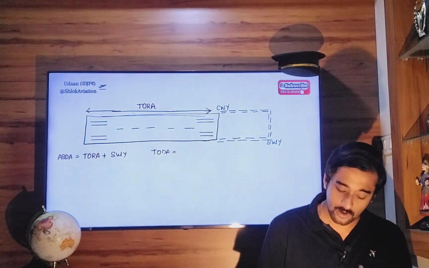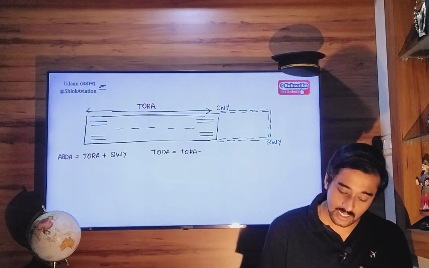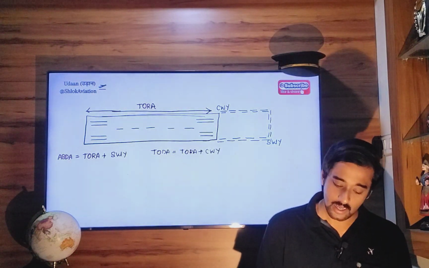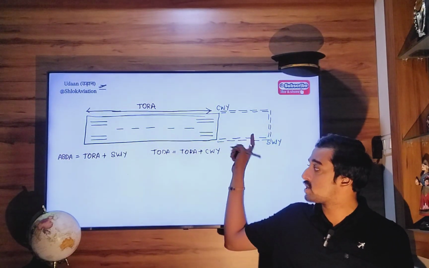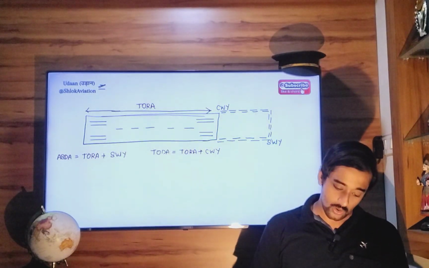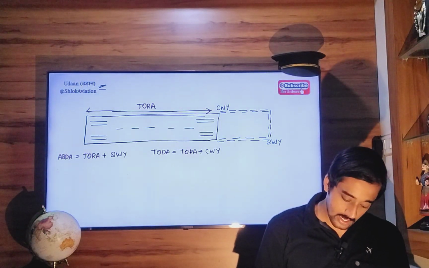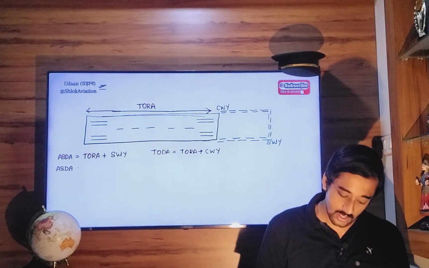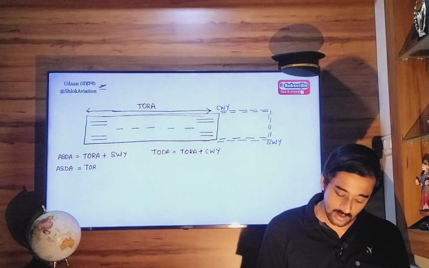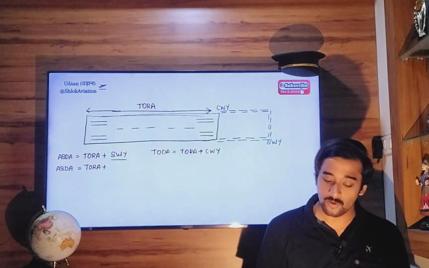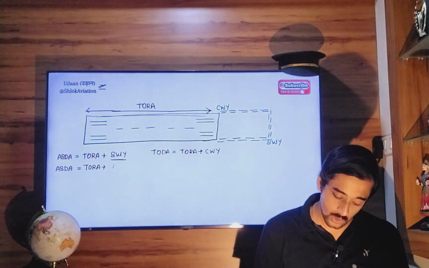It is takeoff run available plus clearway. Correct? Now in this case, clearway equals stopway. So I can write accelerate stop distance available equals takeoff run available plus, in place of stopway, I can write clearway.